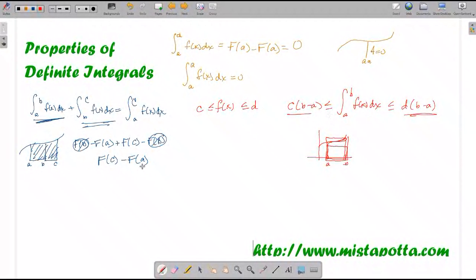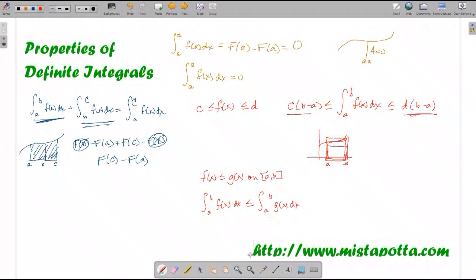And indeed, if I know that f of x is less than or equal to g of x on some domain from a to b, then I know that the integral from a to b of my function must be less than or equal to the integral from a to b of g of x dx.